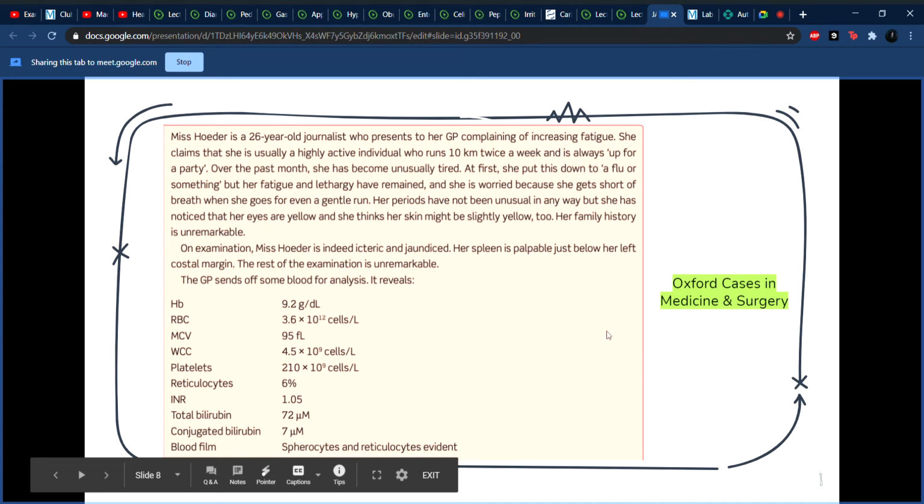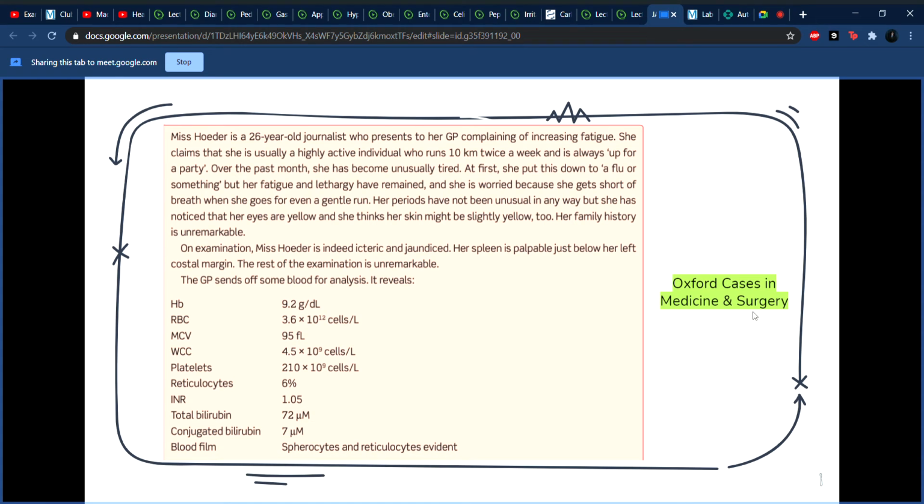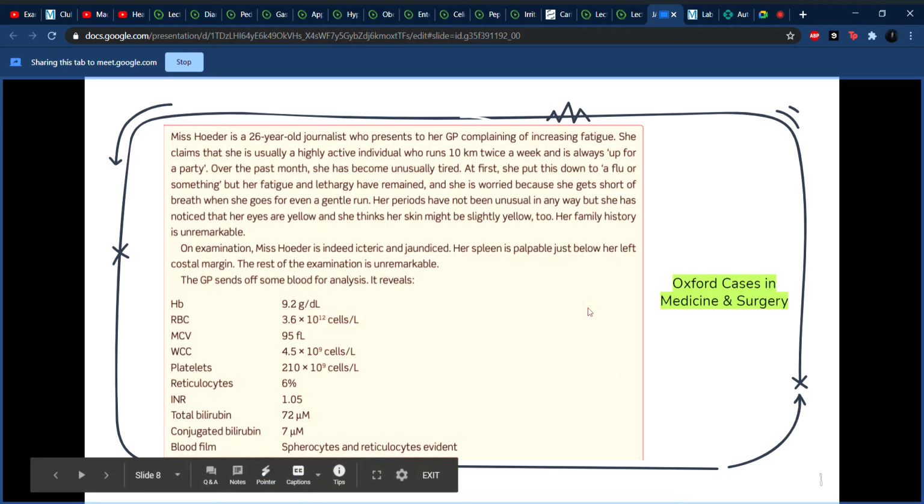Haziq is lagging again. Yeah, he is lagging. Just a minute. Pardon? I'm lagging.